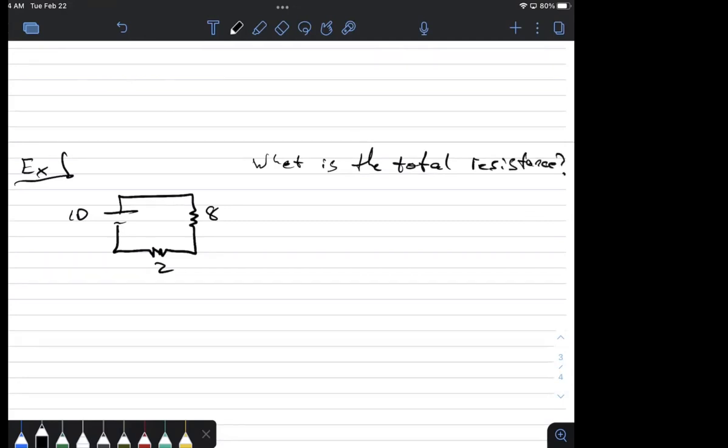So anybody know, are these two resistors connected in series or parallel? Any ideas?